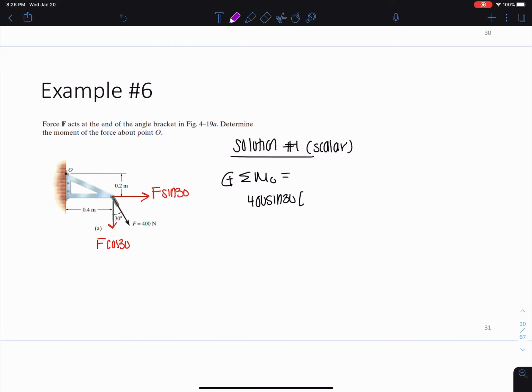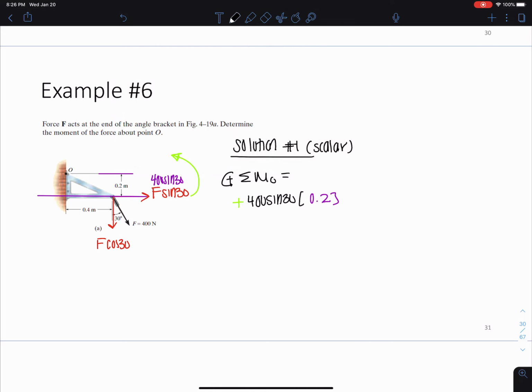For the 400 sine 30, the distance from the line of action of that force to point O is 0.2 meters. And let's confirm if that's going to be a positive or a negative. So the F sine 30 would be rotating in this direction, which is counterclockwise, which is positive, so I'm going to keep the positive there.